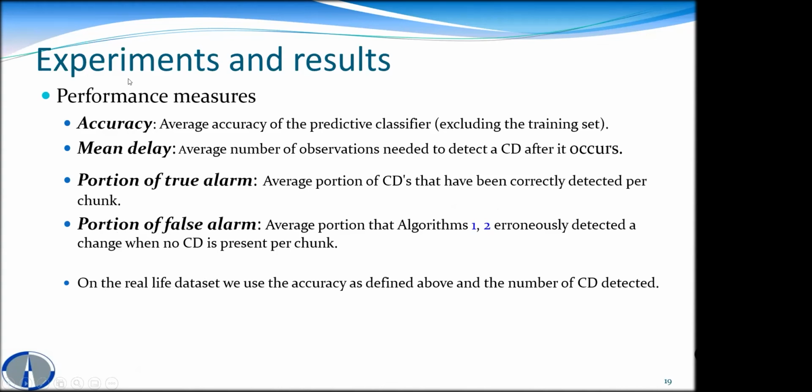Our performance measures are accuracy, the average accuracy of the predictive classifier. Also, excluding the training set, the mean delay, the average number of observations needed to detect a causal drift after it occurs; the portion of true alarms, the average portion of causal drifts that have been correctly detected per chunk; and the portion of false alarms, which is the average portion that algorithms 1 and 2 erroneously detected a change when no causal drift is present per chunk.